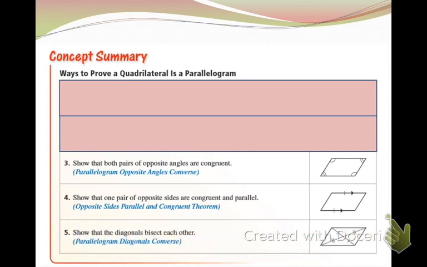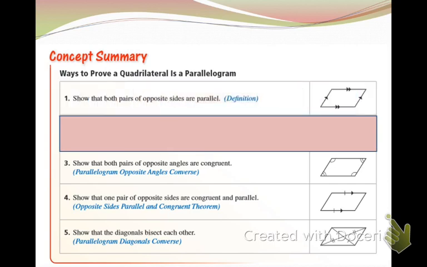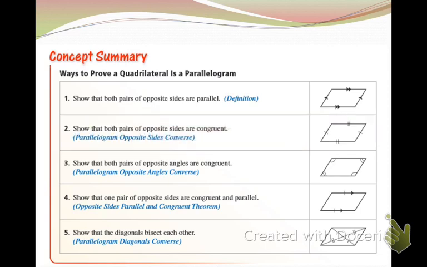Diagonals bisect each other. And then this is again redundant, but it is what it is. It's in the book. These highly intellectual people decided it really needed 2 other lines, but the next, on number 4, where it says opposite sides are parallel. And then number 5, opposite sides are congruent.